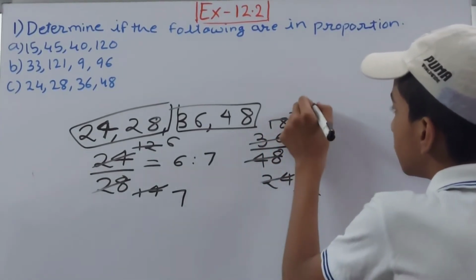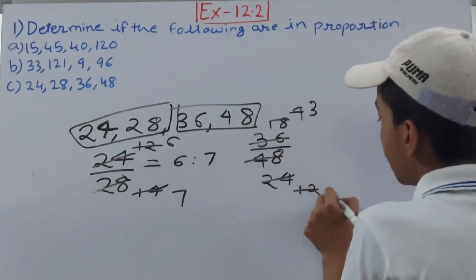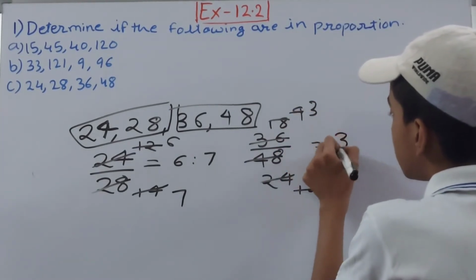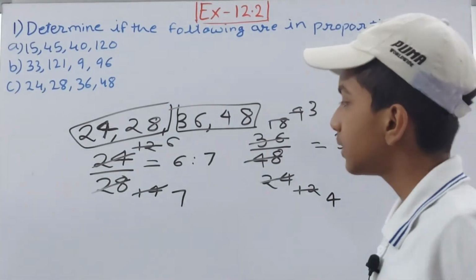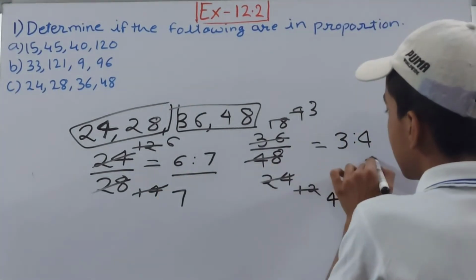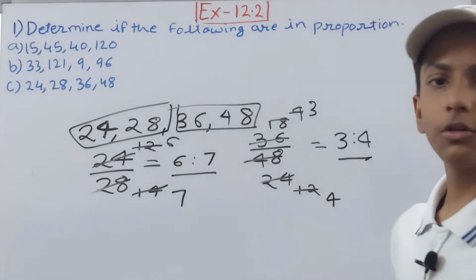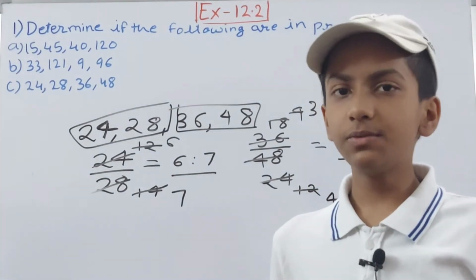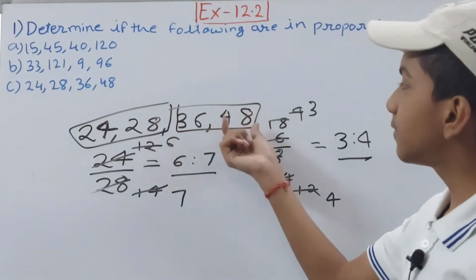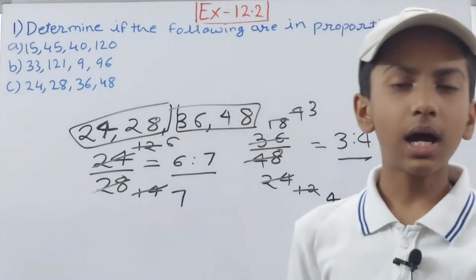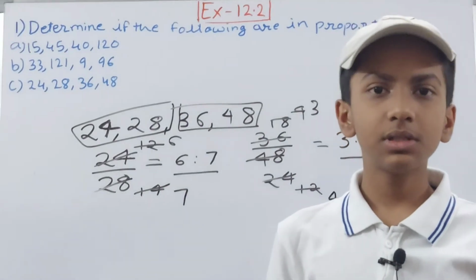Again now by 3, so 3 and 4. So this is 3 is to 4. You can see the ratios you are getting here, 6 is to 7 and 3 is to 4, are both different. That means the 4 terms 24, 28, 36, 48 are not in proportion.